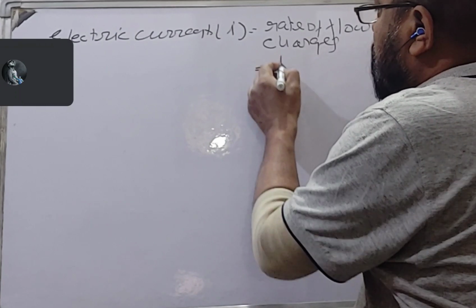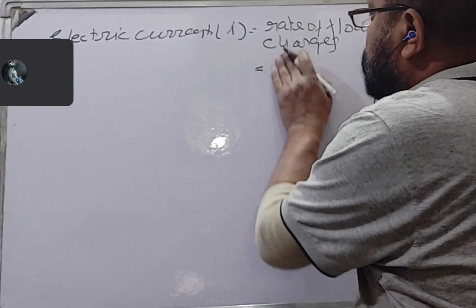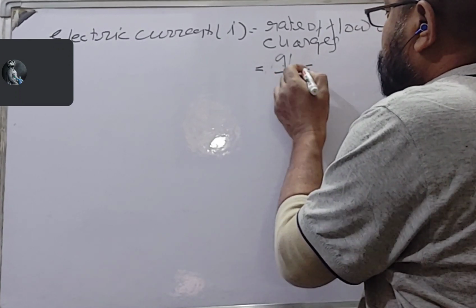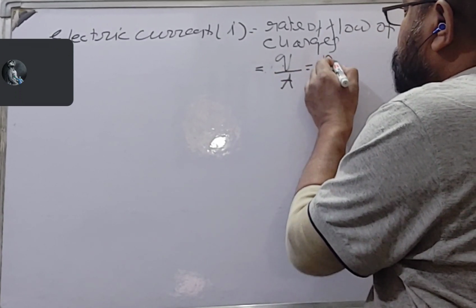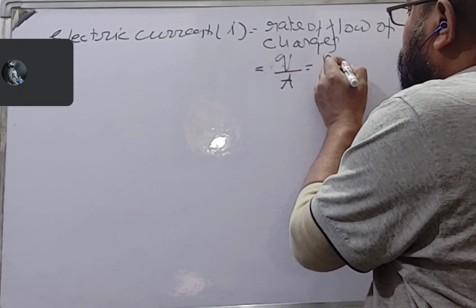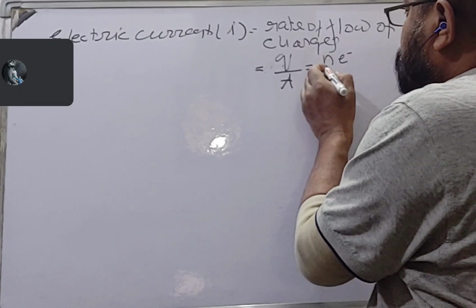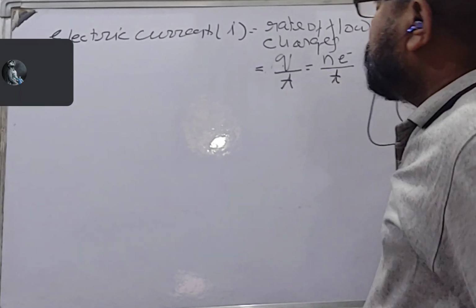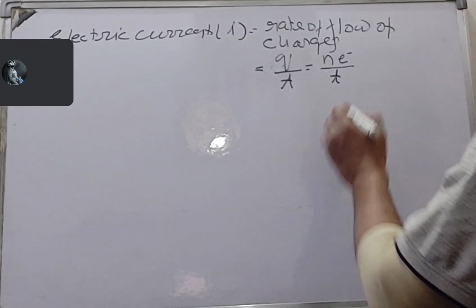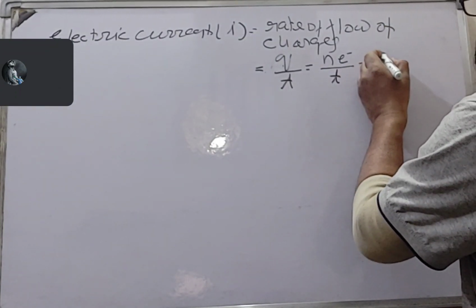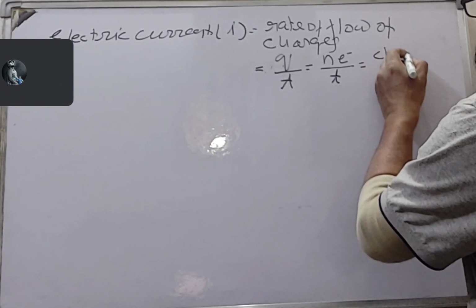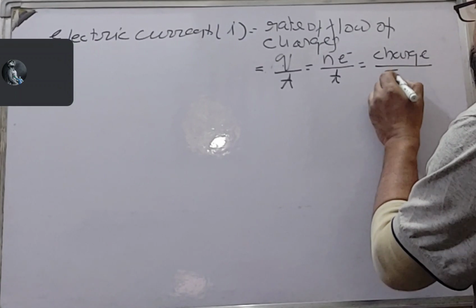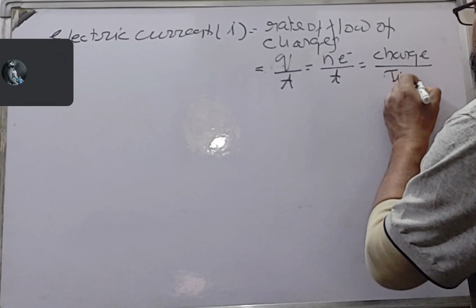That is, I is equal to Q upon T, where N is the number of charges, E is one charge, and then time. So charge upon time is basically charge flowing per unit time. That is known as electric current, right?